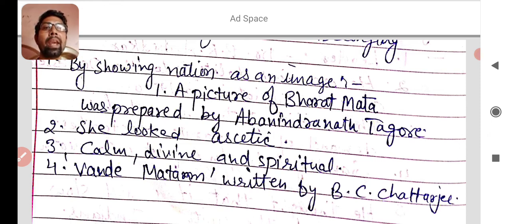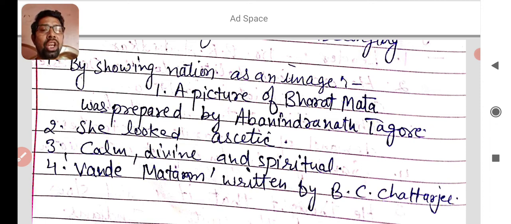And in this image, Bharat Mata looked ascetic. Ascetic here means like a saint. And next, she looked calm, divine and spiritual.